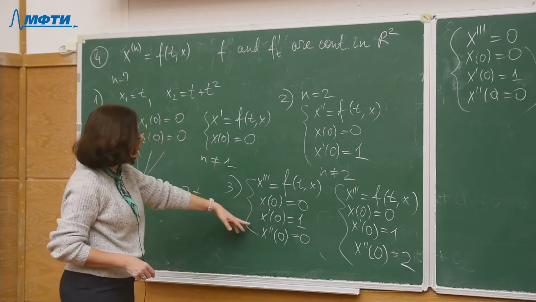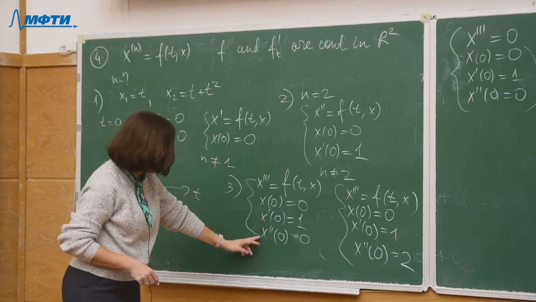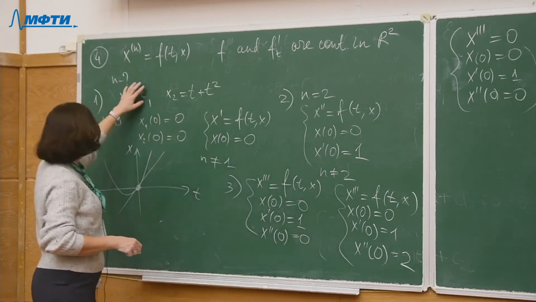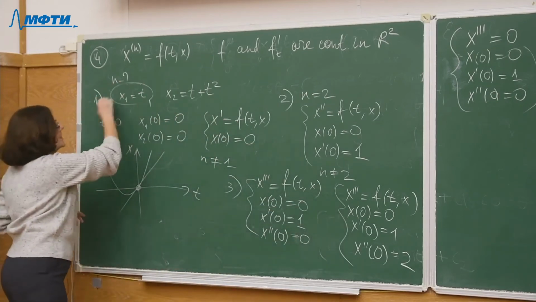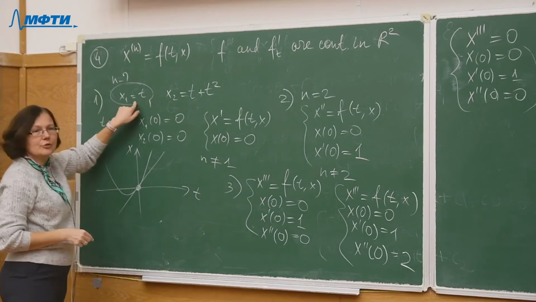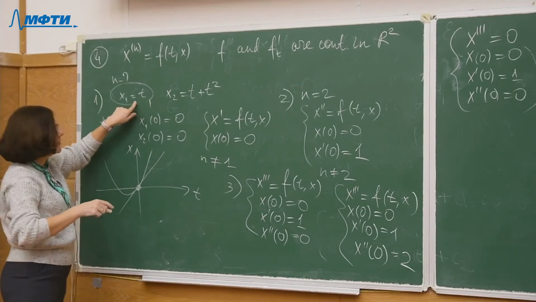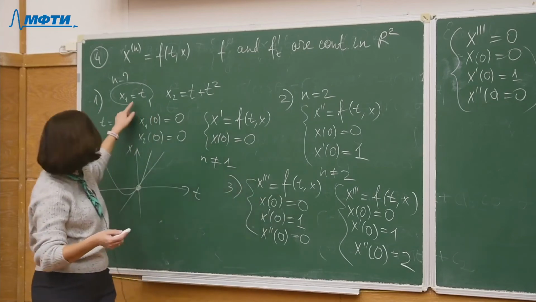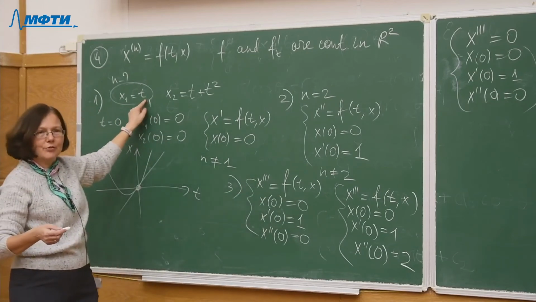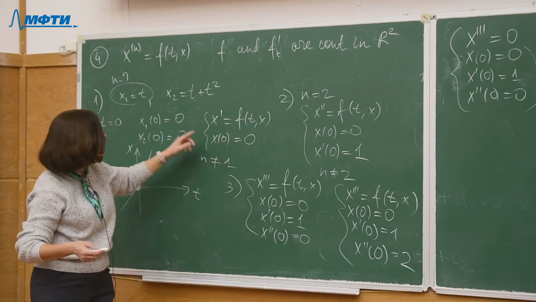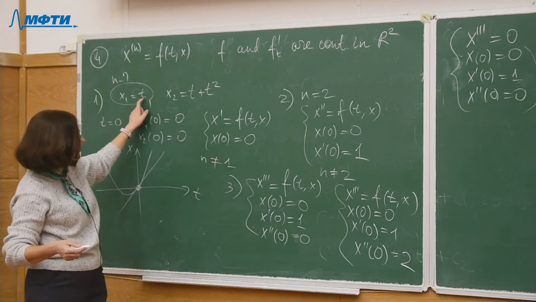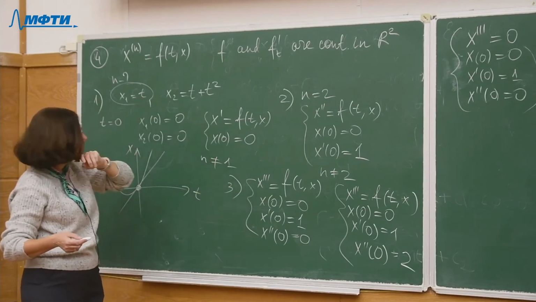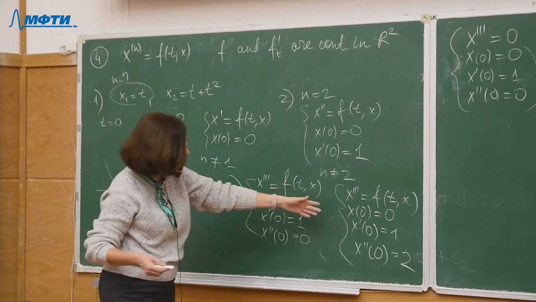I have found these initial conditions from this solution. If we have this solution and substitute 0 for t, we can see that x of 0 is 0. Then x prime of 0 is 1, and x double prime of 0 is 0. We do the same for the other one.